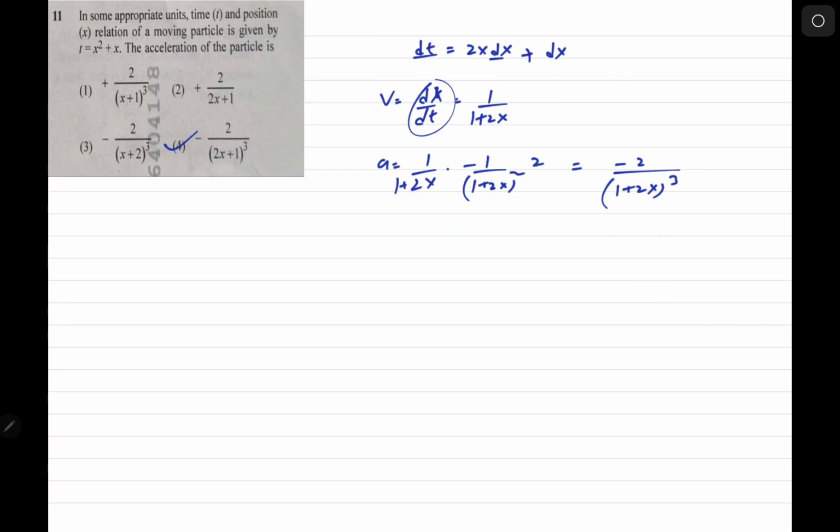Okay, question number 11 is based on kinematics. In some appropriate units, time t and position x are given by this relation.